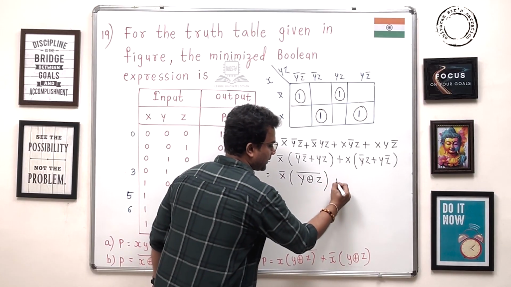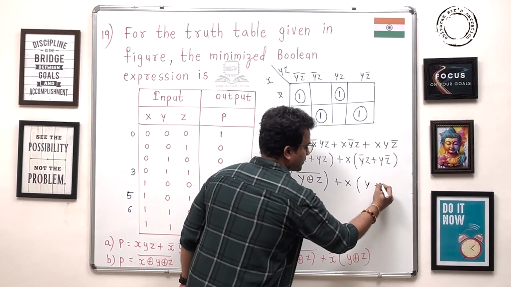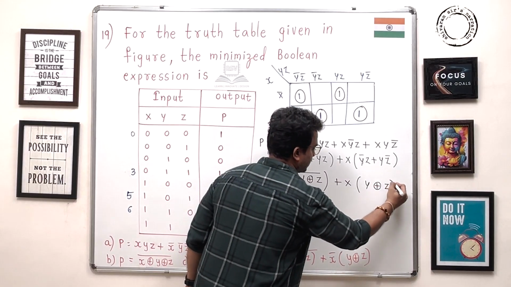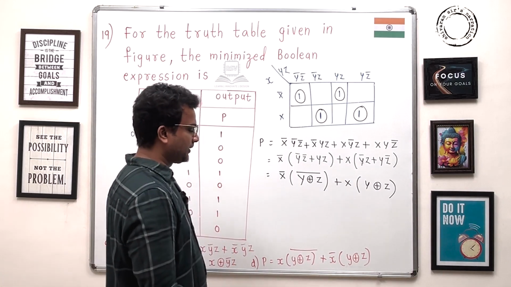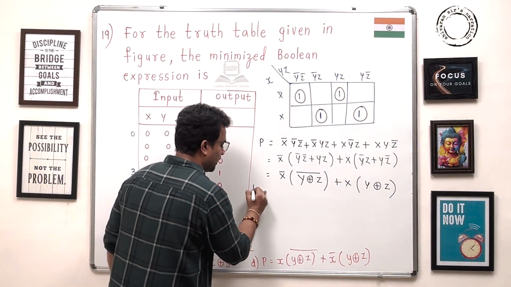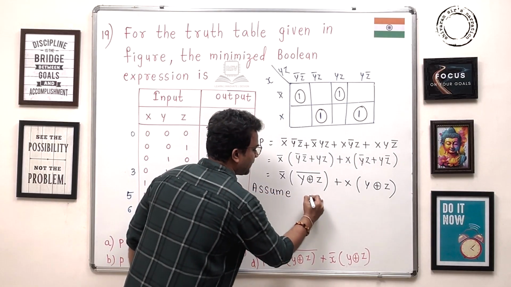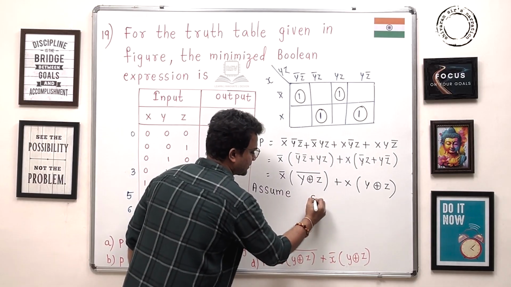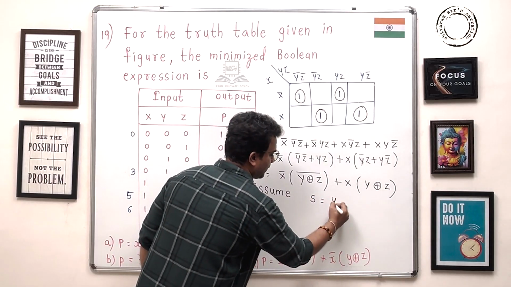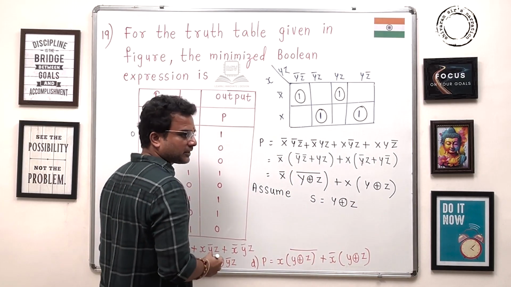Hence, it is like x into y XOR Z. This one guys. This is the one. Let's consider here y XOR Z as a lump sum S. Now guys, what is the expression?